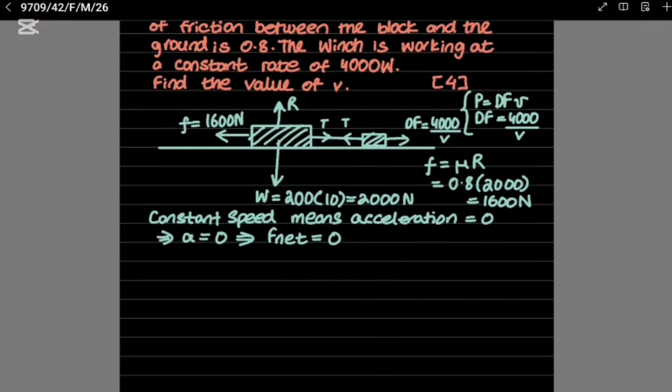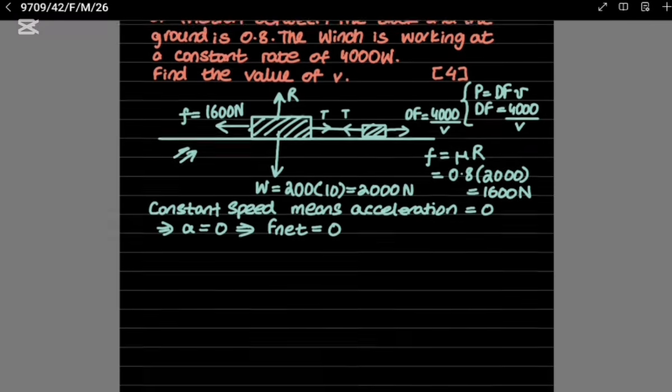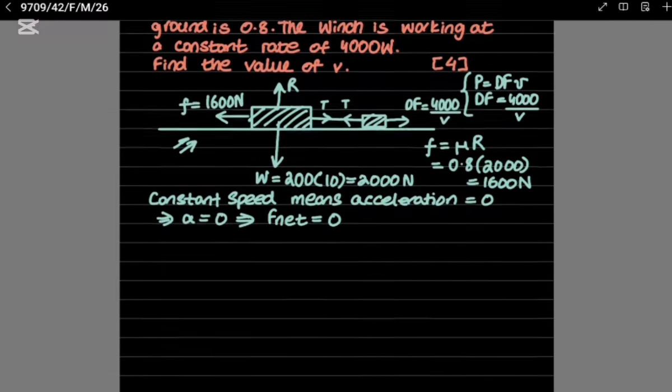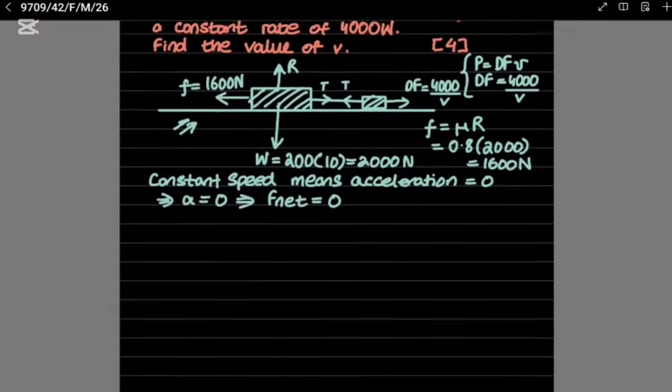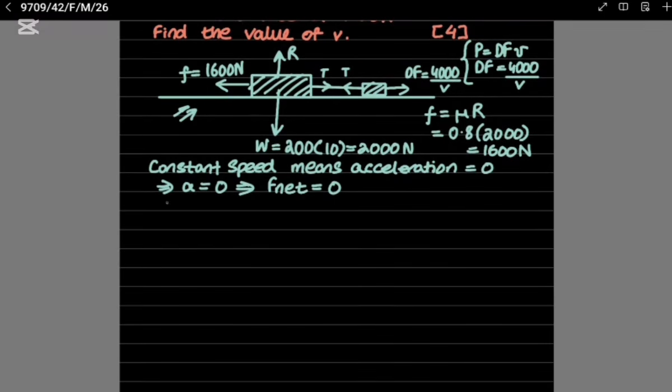Let's start from this side, because we already know that friction is 1600 newtons. So what immediately comes on the right hand side? It's the tension. So first of all, we can say that friction is equal to tension, which is equal to 1600 newtons.